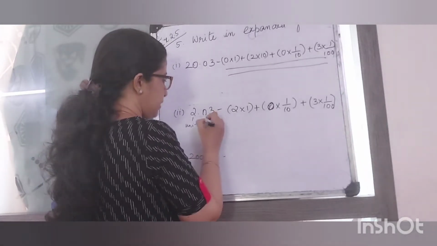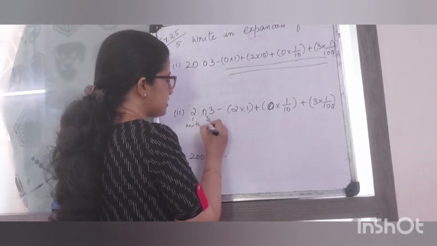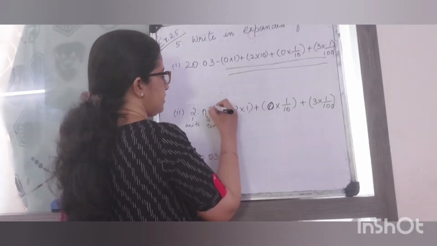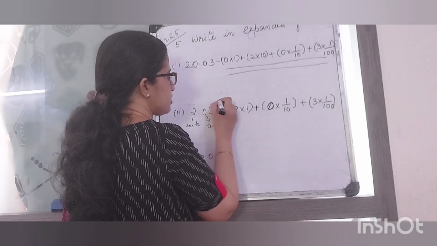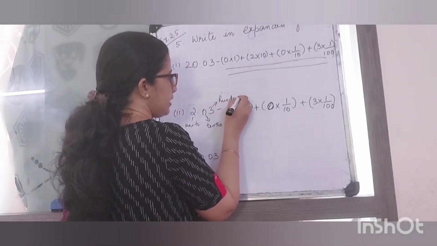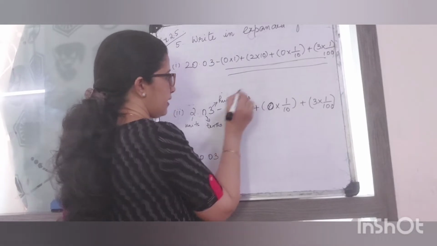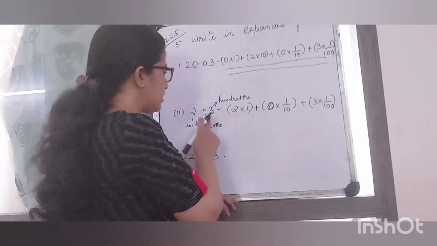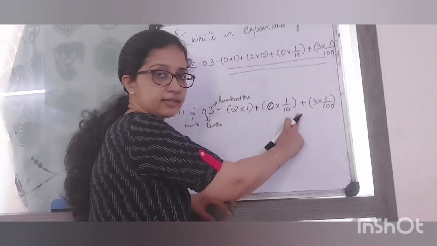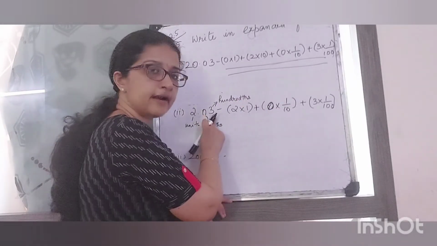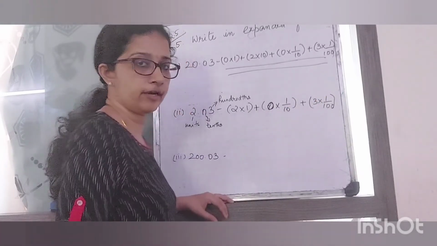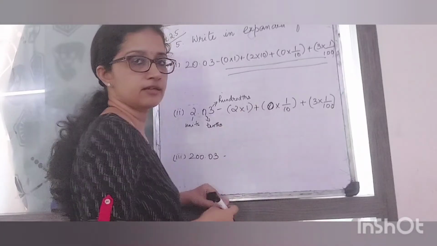The first digit is the tenths position, the second digit is the hundredths position. Whatever is in the tenths position, we multiply with 1 by 10, and whatever is in the hundredths position, we multiply with 1 by 100. So this is the answer.